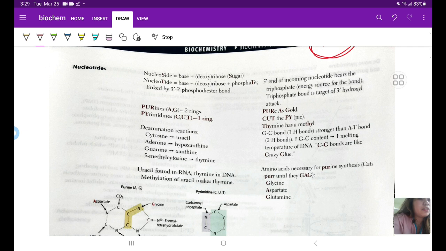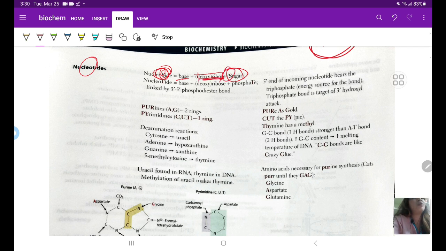So, for the nucleotides, there is this term nucleoside. Nucleoside is base plus deoxyribose. Deoxyribose is a sugar. So, nucleosides, SS, sugar, because deoxyribose is a sugar.